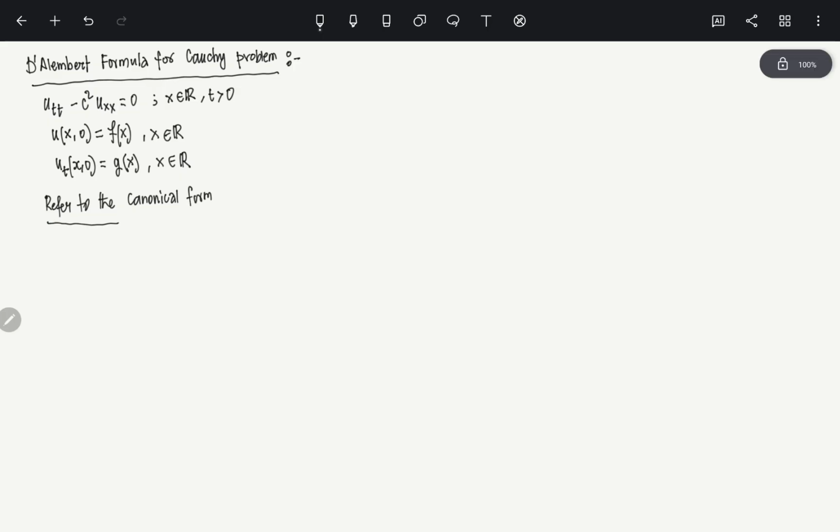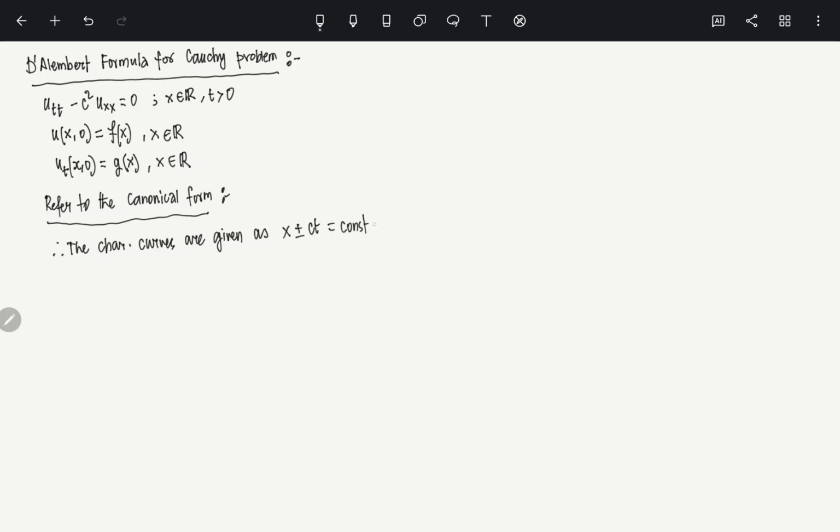In the canonical form, you remember we talked about two different variables, so we change the variables. The characteristic curves which you are going to get, I am not doing all that, but you can of course do it. Therefore, the characteristic curves of the equation are given as x plus minus ct equals some constant.